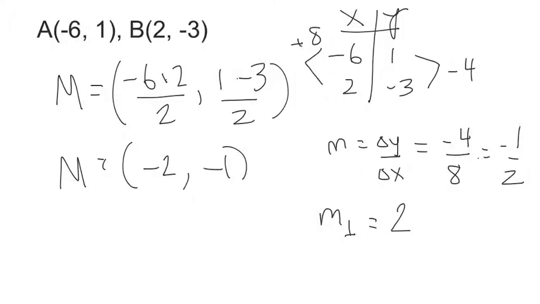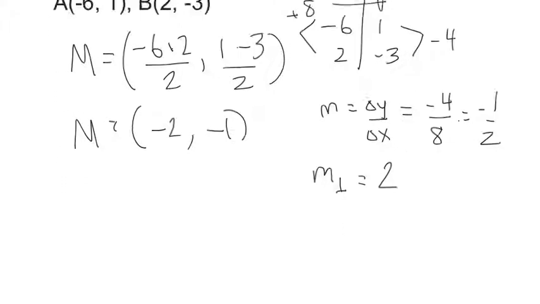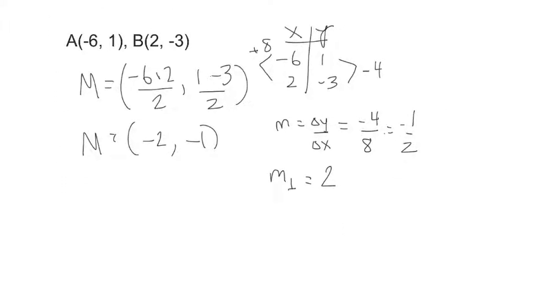So again, I have my slope, I have my point, I put them all into y = mx + b, and I'm off to the races. So I have y = mx + b. Y is -1, m is 2, x is -2, and b I don't know yet.